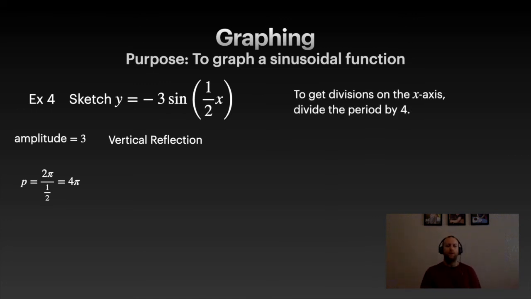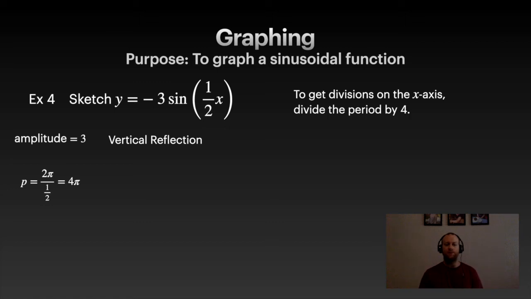Now, with this, what might be confusing is how to figure out the points. So instead of taking the original sine and cosine graphs and trying to move the points, I'm going to show you a different way how to do this. What we first need to do is figure out how to make the divisions on the x-axis, because that's going to be important.